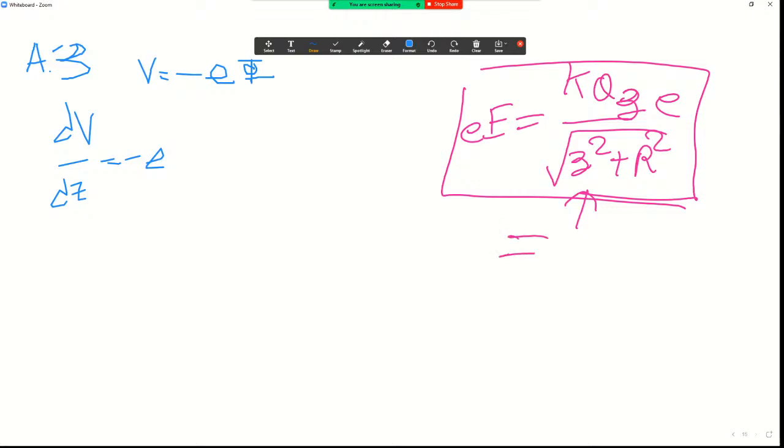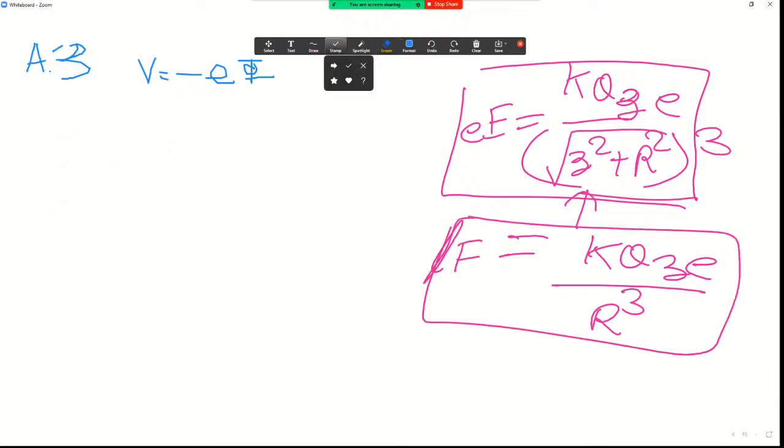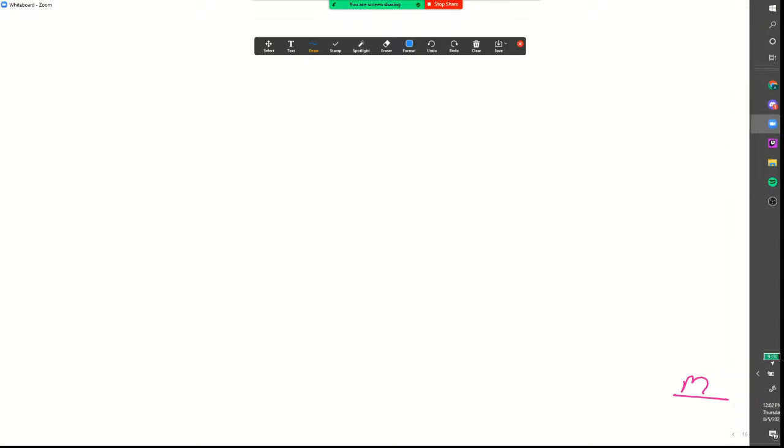From here we can directly eliminate this z, so force is proportional to z for small z. So we can write 2 pi under root m by k, where k is this. Okay, then that should be good.